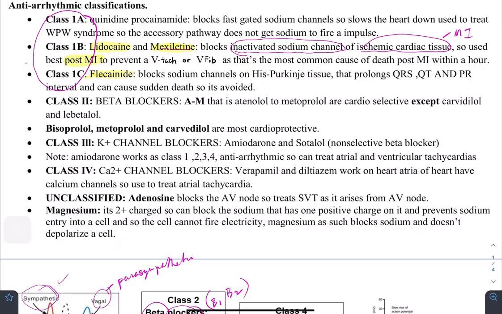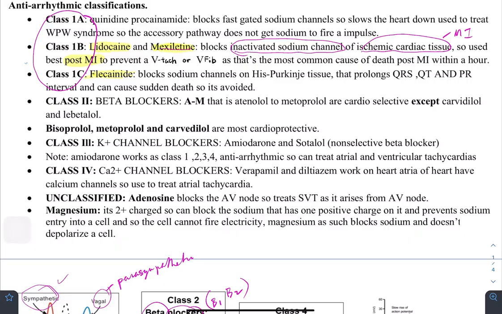And so class 1B is very useful and important. It will block the inactivated, or quote-unquote dead, sodium channels of these myocardial infarcted cells.